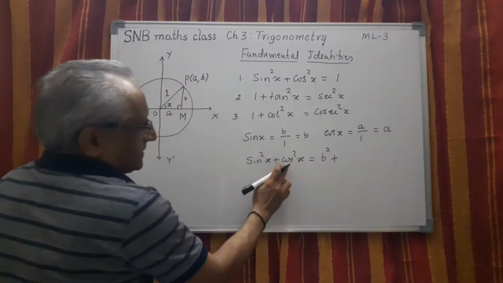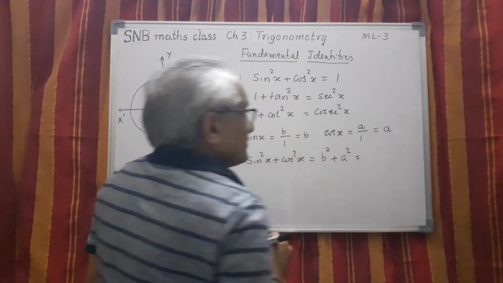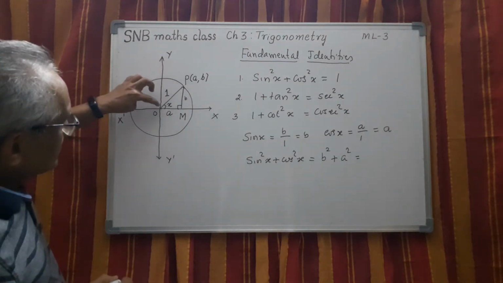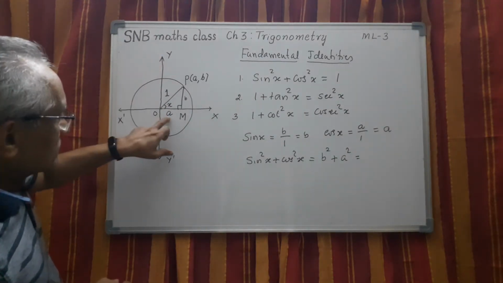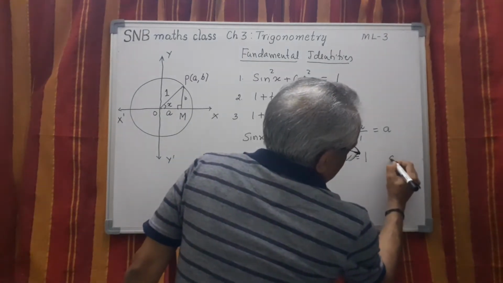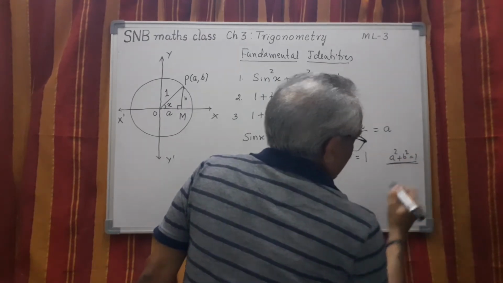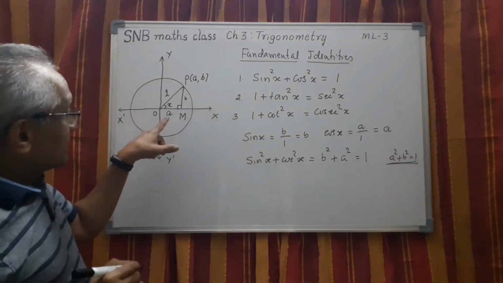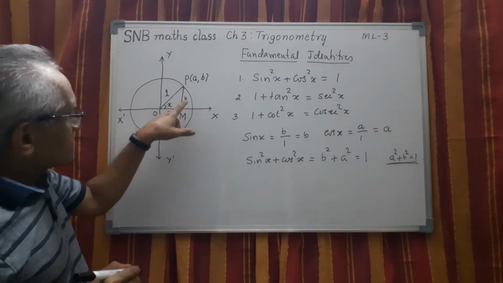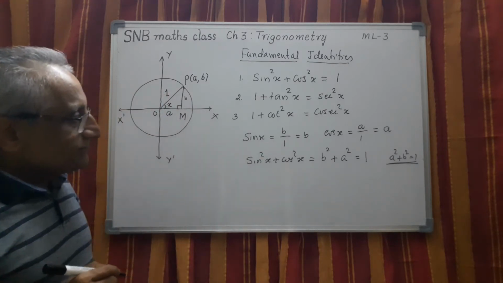Similarly, cos x is a means cos square x is a square. But is it 1? Yes, look here. Radius is already 1. Therefore, a square plus b square is 1, because of the Pythagoras theorem. In a right angle triangle, square of the base and square of this side will be equal to square of this side. So it is 1.